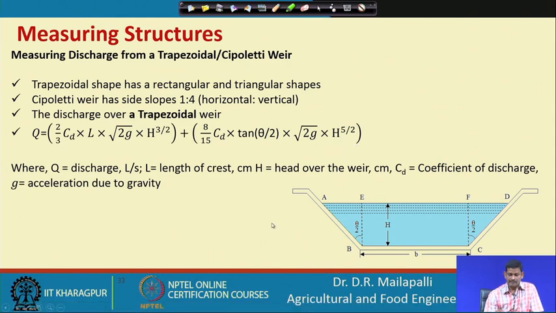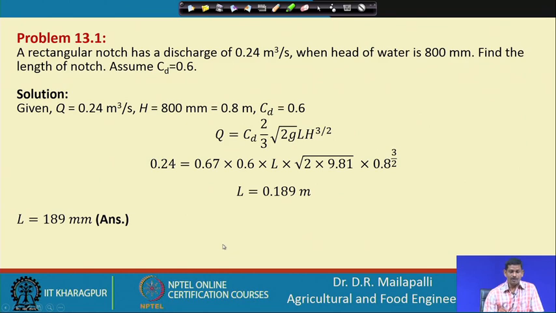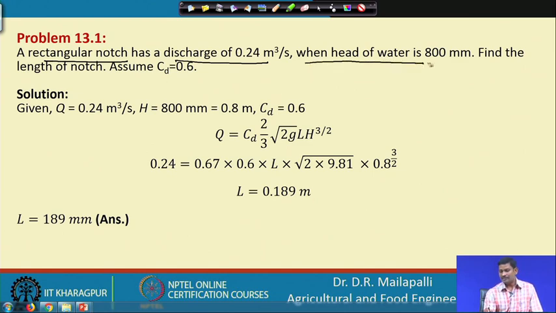Next, let us see the problem here. Suppose you have a rectangular weir, or rectangular notch, which has a discharge of 0.24 meter cube per second when the head of water is 800 mm. Find the length of the notch, assuming C_d equal to 0.6. So discharge is given, C_d is given and head is given.